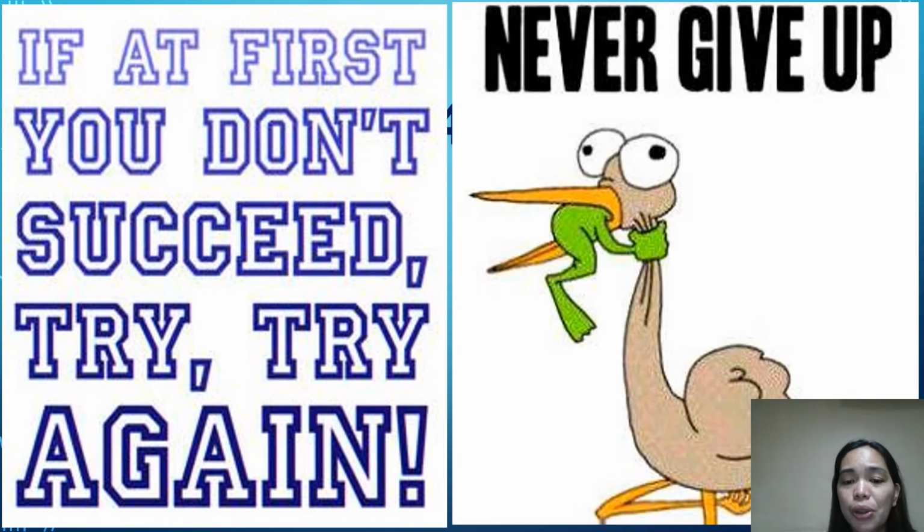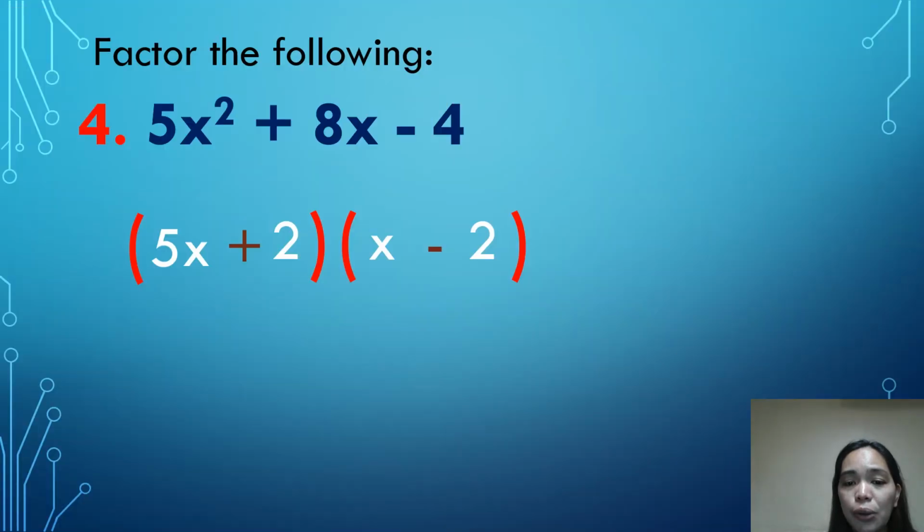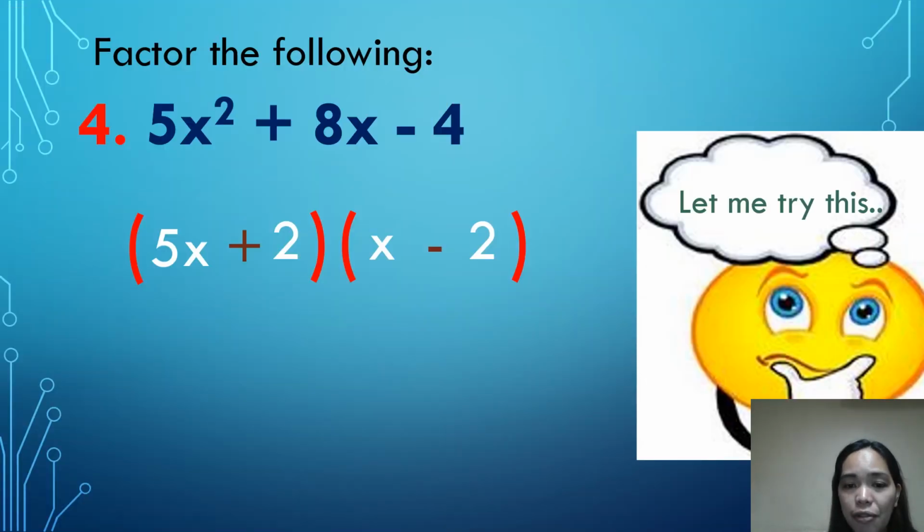We are going to replace our factors. What if we interchange the signs? We will just interchange the signs; we will not change the numbers. Now, let us check if our second trial is correct.